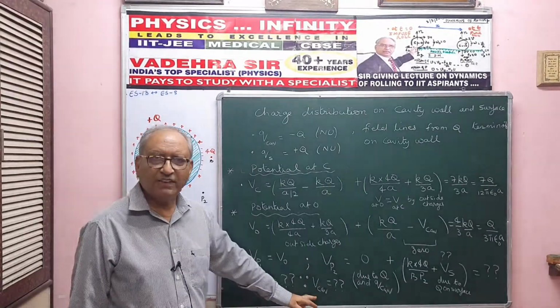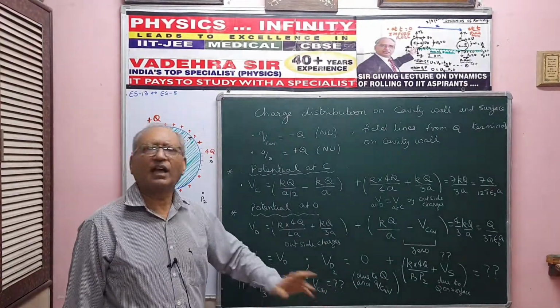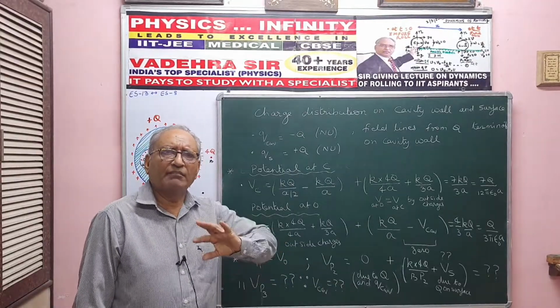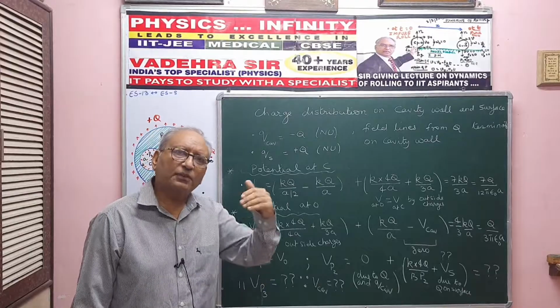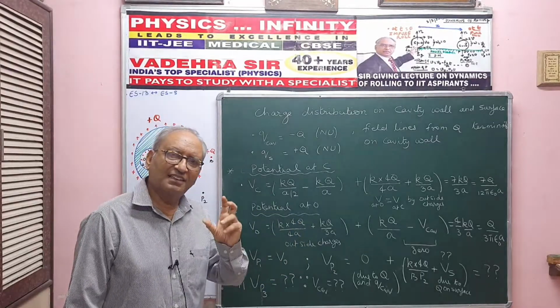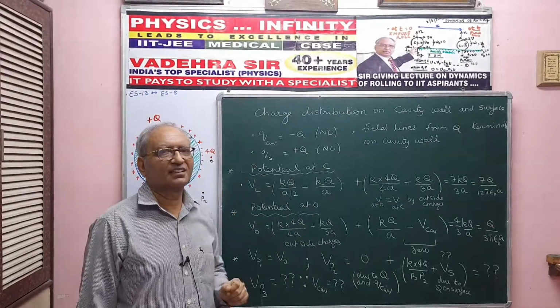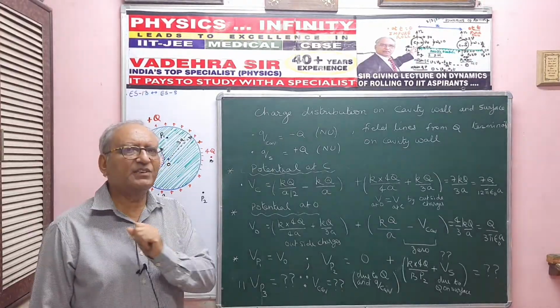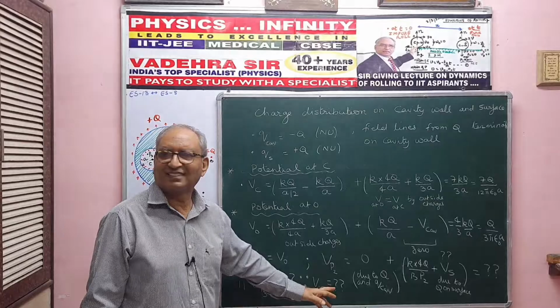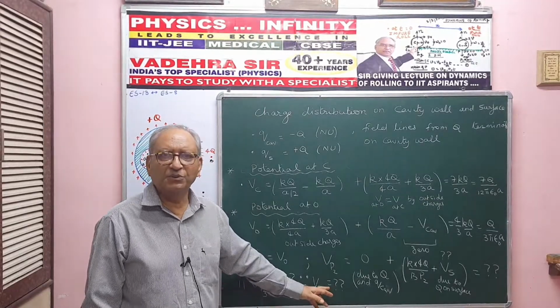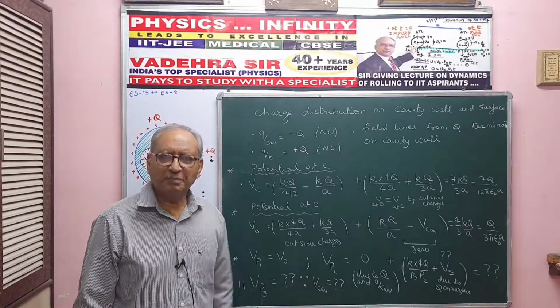We cannot find its value, so overall we cannot. Suppose we have a problem where contributions from individual charges are given, then at least from the 3 charges we can find, but the contribution from the charge on the cavity wall we cannot find. So overall we will not be able to get the exact value of the potential at P3.